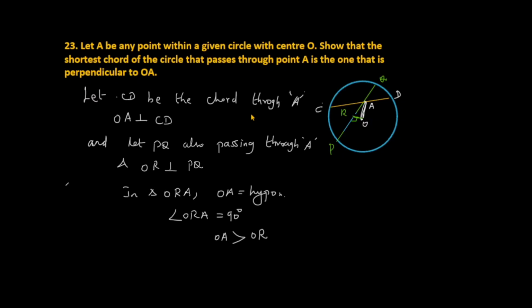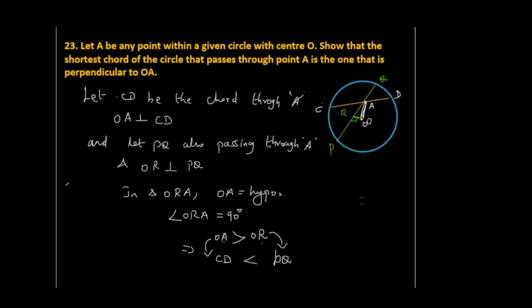So when the chord is further from the center, that is the smallest chord. Hence OA is greater than OR, which implies chord CD is smaller than chord PQ. So CD is the smallest chord.